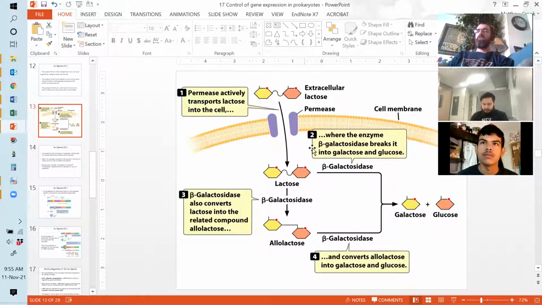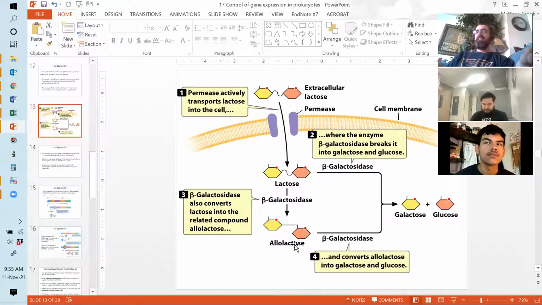This encodes what's called a permease, because lactose is pretty large. It's not as big as a protein, but a disaccharide is a fairly chunky molecule. So we need a specific transporter to get that lactose into the cell. There's no point, if you're on lactose and you can't get it in, you still can't metabolize it, right?